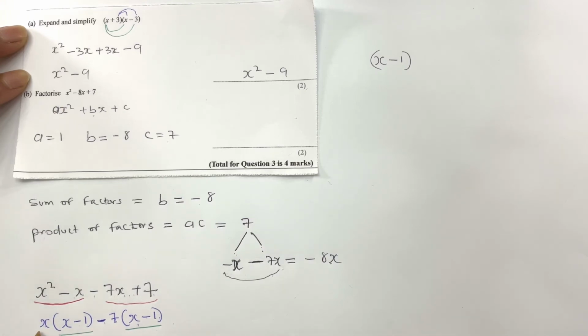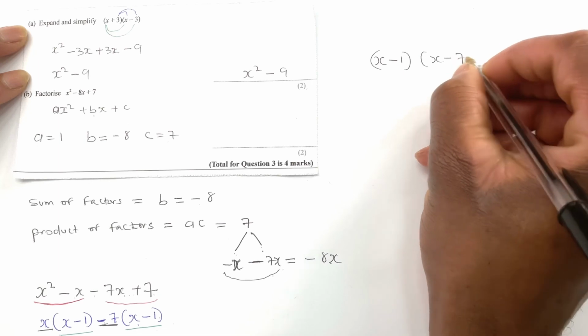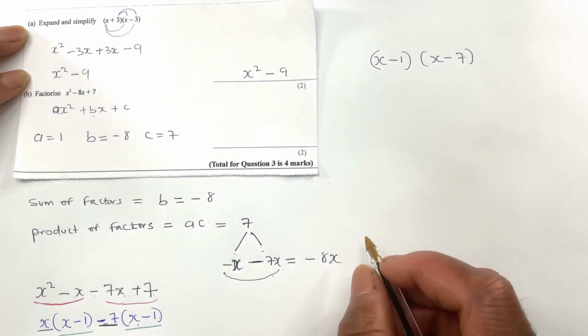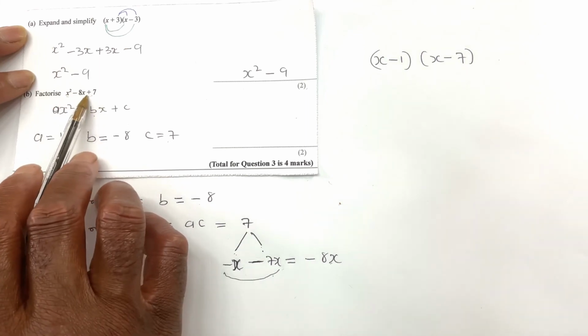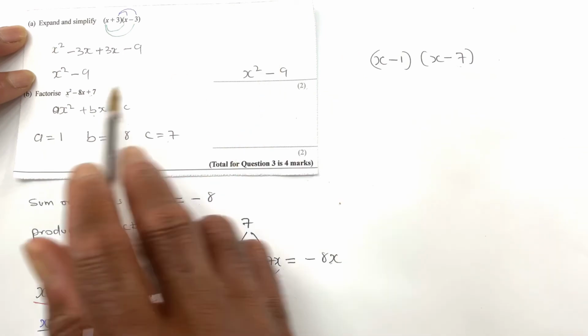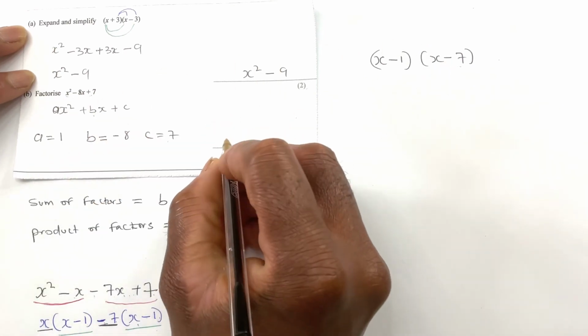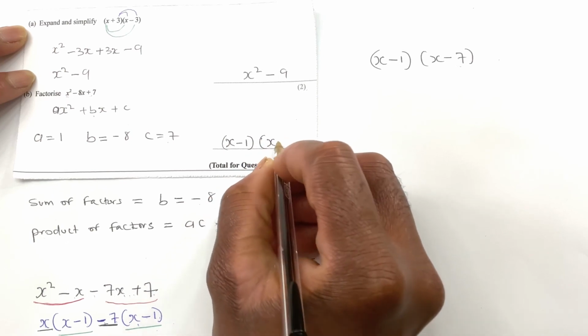So therefore, x minus 7 is the other factor. So when you factorize that, or if you expand this, you get that. And if you factorize this one, you get that. So the answer will be (x − 1)(x − 7).